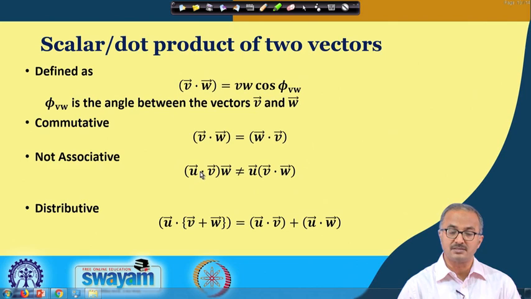This scalar is then multiplied by the vector w. This will not be the same as first taking the dot product of v and w, which is again a scalar, and multiplying that scalar with u. So the dot product is not associative. And then distributive, we see the distribution is obeyed, that is u dot (v plus w) is equal to u dot v plus u dot w.